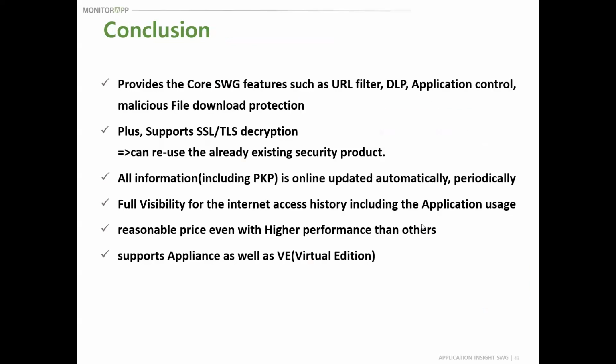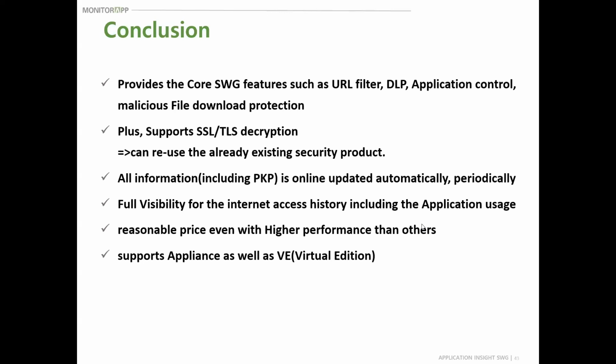So here is today's conclusion. As I stressed several times, SWG provides core features including URL filter, data loss prevention, application control, and malicious file download protection. Also, like case study B, if you have an existing security appliance that cannot handle encrypted traffic, SWG supports full decryption and pushes the traffic to it as plain text.